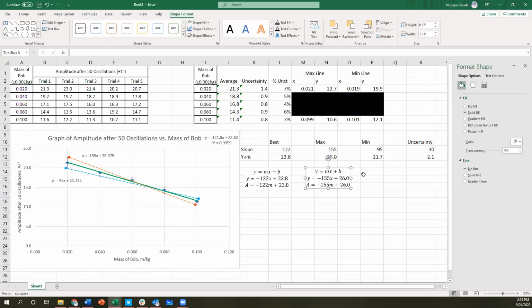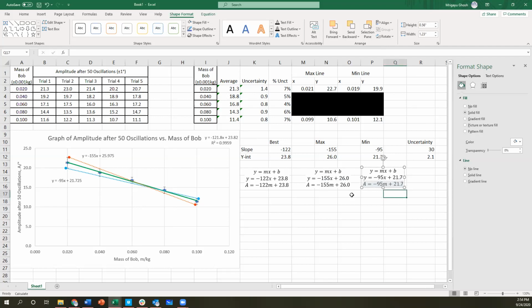And then for the min line, it'll be -95x plus 21.7. You don't have to express the function uncertainty or the line yet. We'll get there.